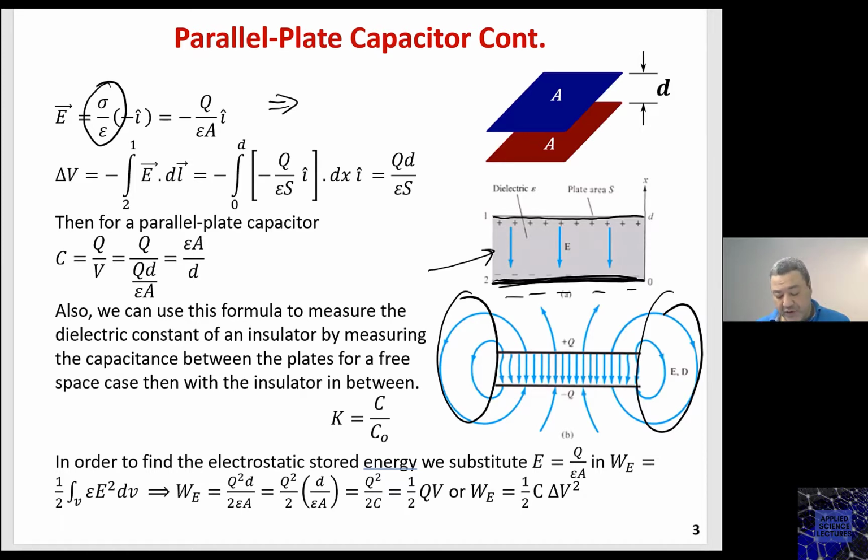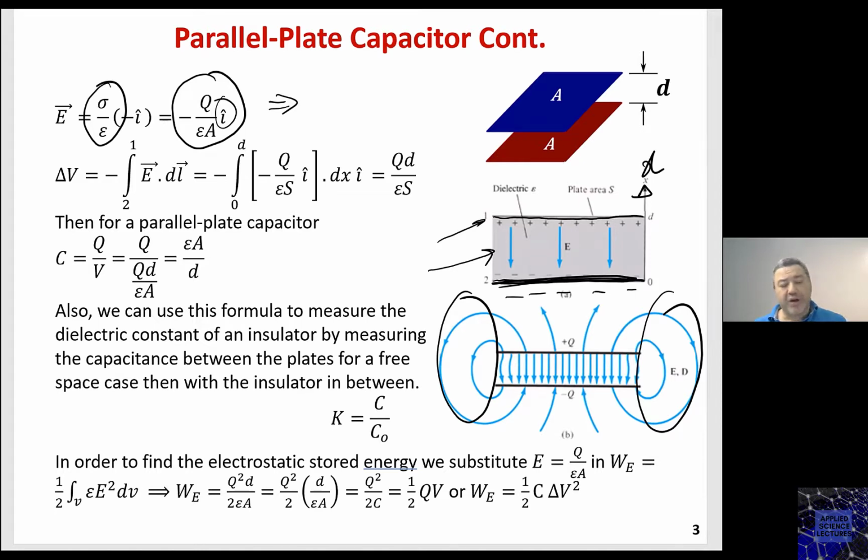Now, for the case of the top plate to be positive, then the electric field is pointing downward, and based on the x-axis pointing upward, it makes sense that the electric field as a vector will be minus Q divided by epsilon A I, and I is the unit vector for the x-axis.